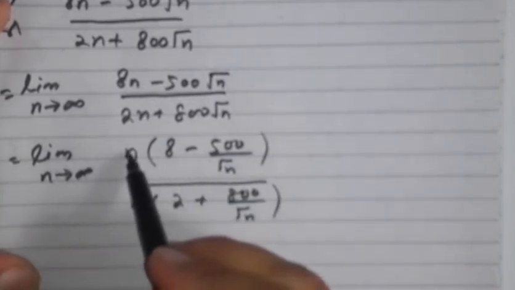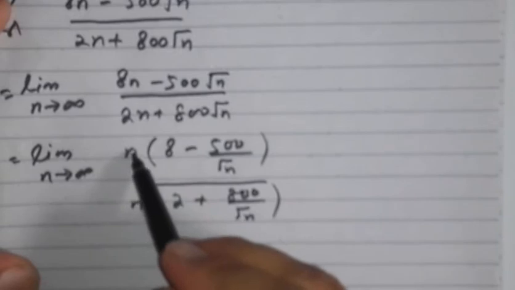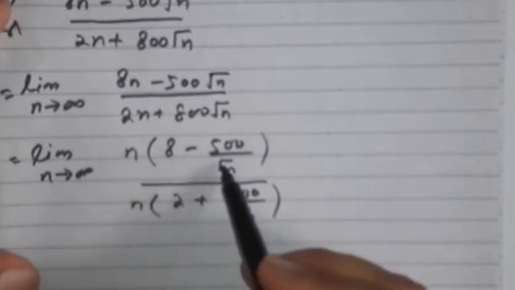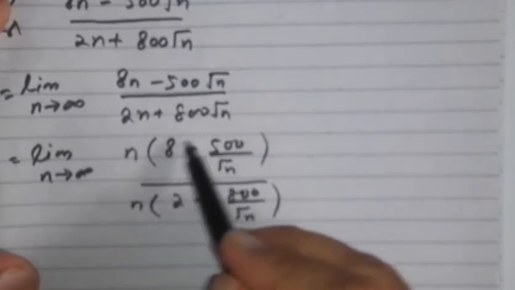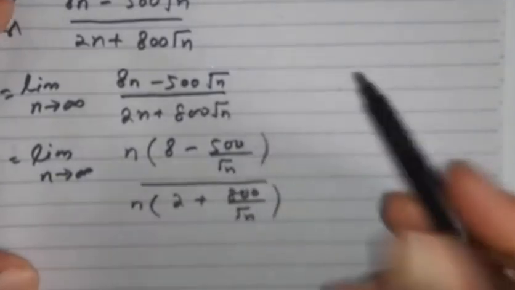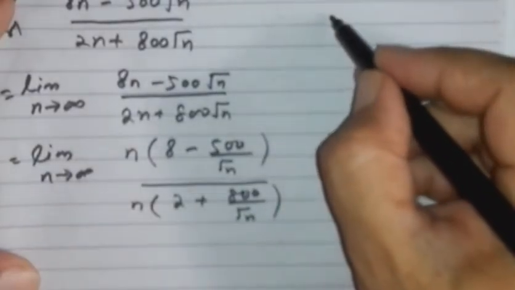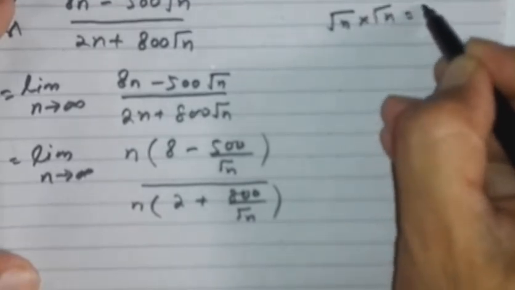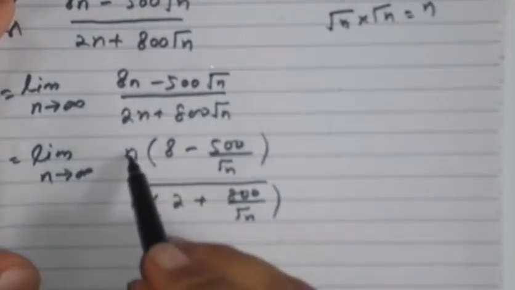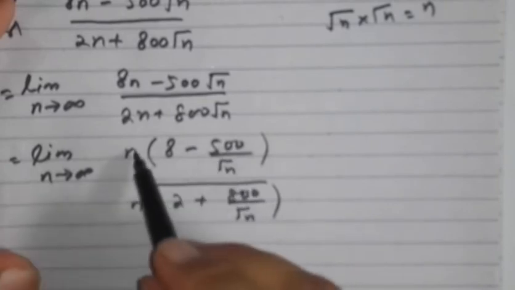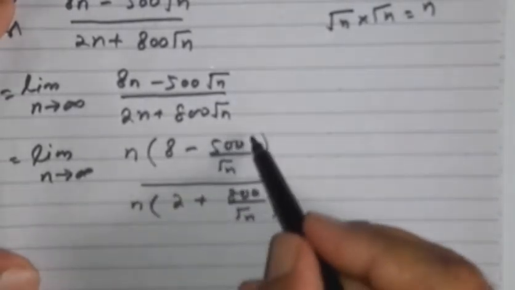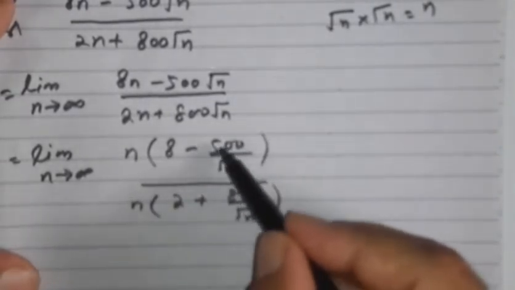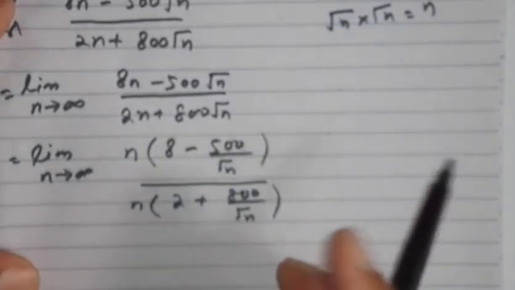Look, when this n is multiplied with this, 1 n under root cancels with under root n, and here under root n remains, because we know that under root n into under root n equals n. So when the n is multiplied here, it means 2 under root n will multiply here, and 1 will cancel with this, so 500 under root n we will get.